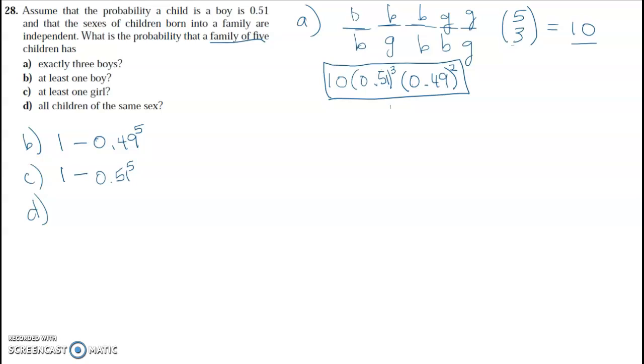We could have all boys, which would be 0.51 to the power of 5, or we can have 0.49 to the power of 5. In mathematics, if it's "or," then we include all of those cases, so it's plus: 0.51 to the power of 5 plus 0.49 to the power of 5. That would be the solution for part D.